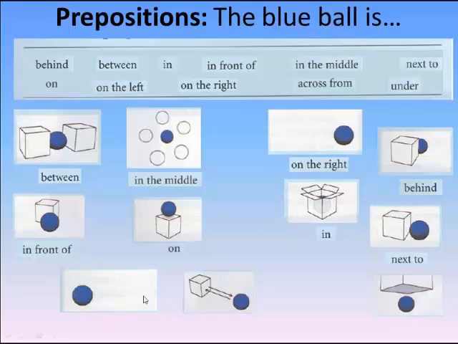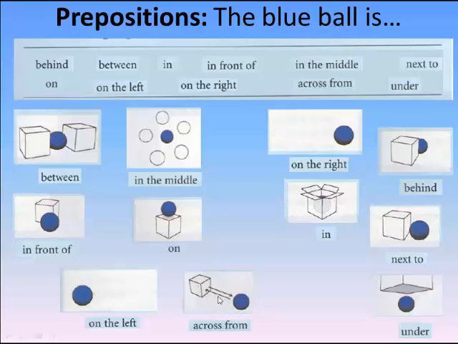Here, the ball is on the left. No box. And in this case, the ball is under the box. I left this one for the last one because it needs a little more explanation. Obviously, it's the last one, so here the ball is across from the box.